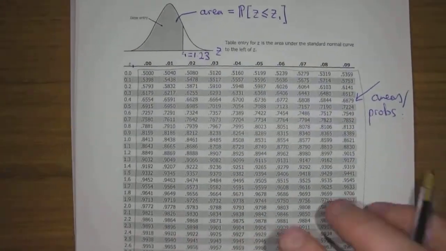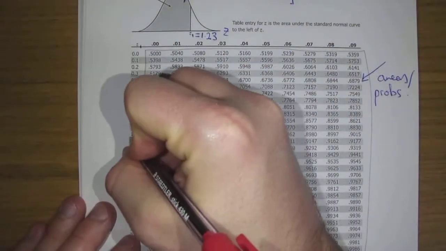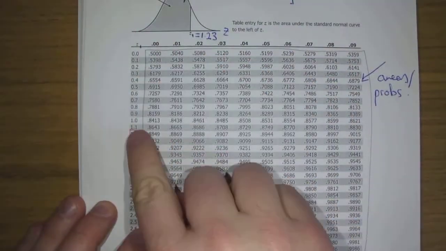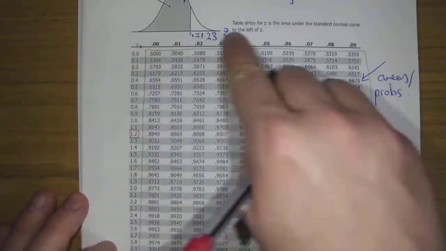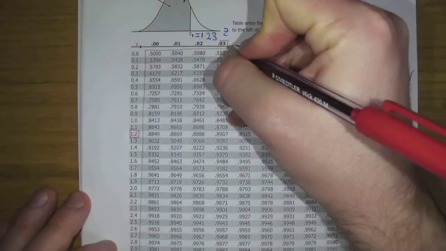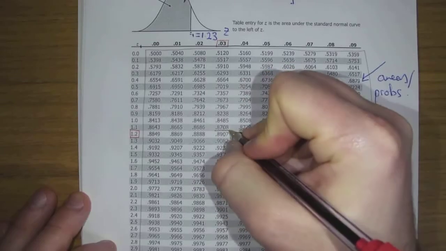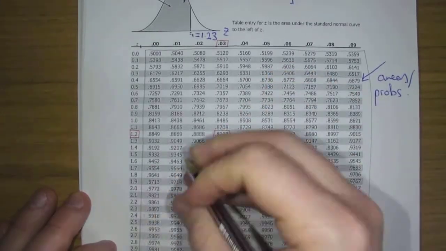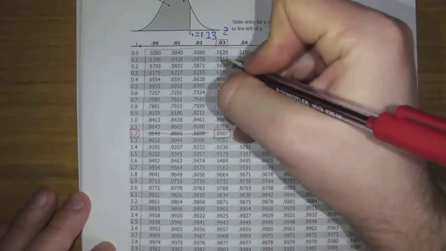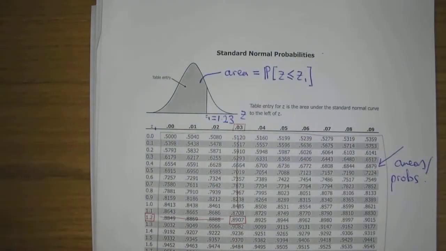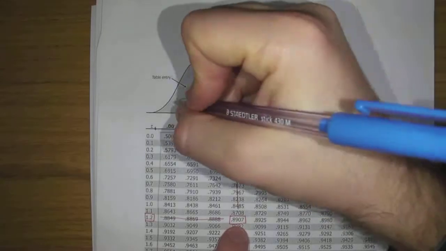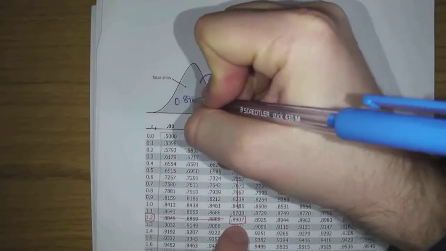So what you do is you go down to 1.2 here, and you go across to 0.03, so you get the first decimal place here and the second decimal place here. And this number here, you see it lines up. If this was Z1 1.23, the long left tail would be 0.8907.